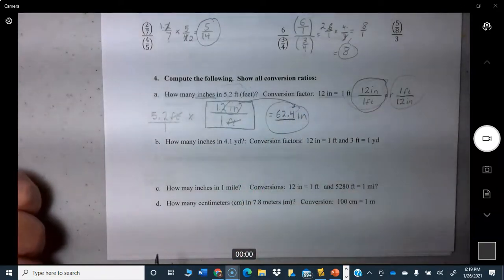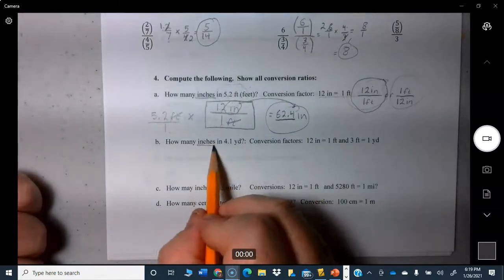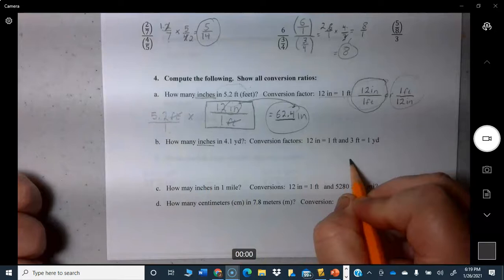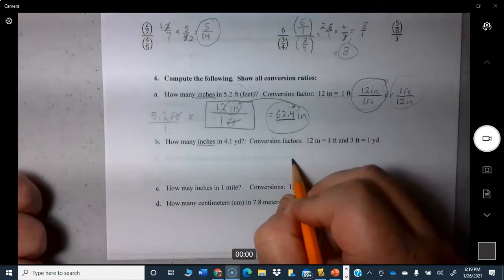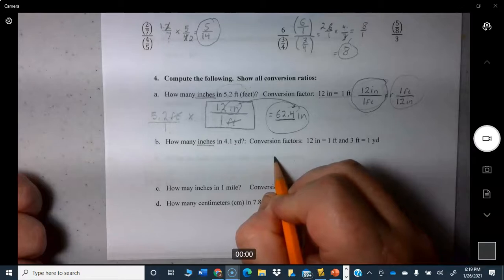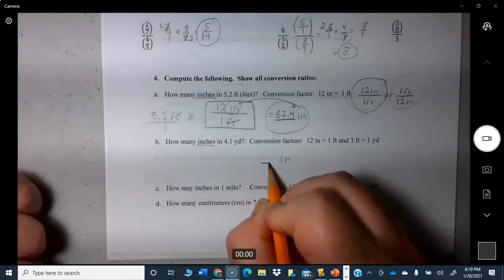Okay, how many inches in 4.1 yards? Okay, again, we're looking for inches, so way over here I'm going to write it here, because we're going to need some space for this problem. I think this will be enough room. I'm hoping I don't run out of space here.